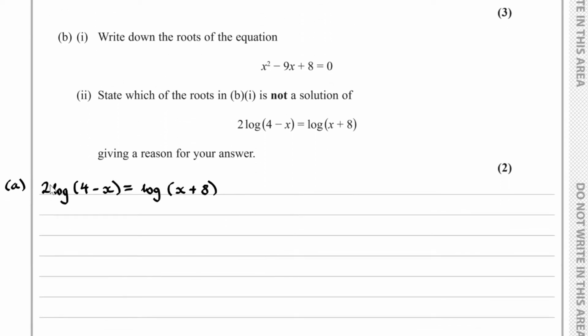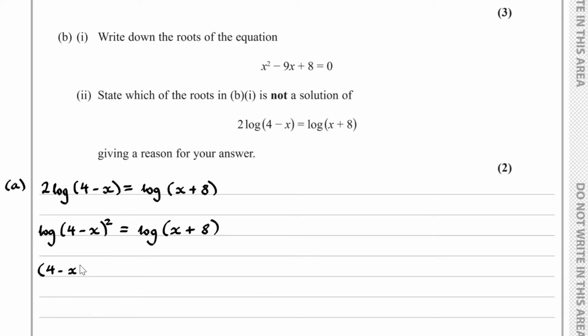If I power slide this 2 to the top over here, we have the log of 4 minus x squared, which is equal to the log of x plus 8. If I anti-log both sides, we see over here effectively the logs disappear.